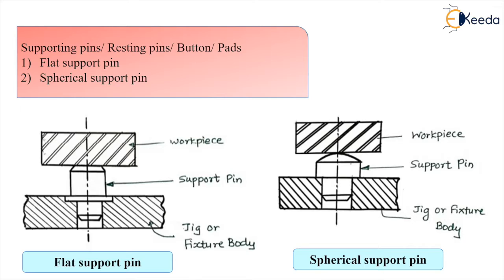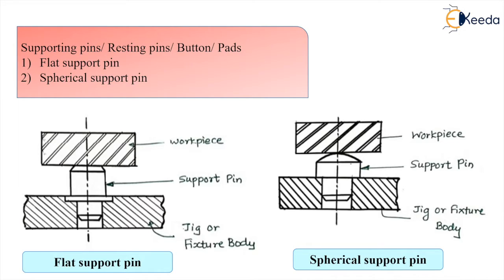So we are using the supporting pins or the resting pins or the buttons or pads. First one we are having these flat support pin, or flat locator, you can simply say.